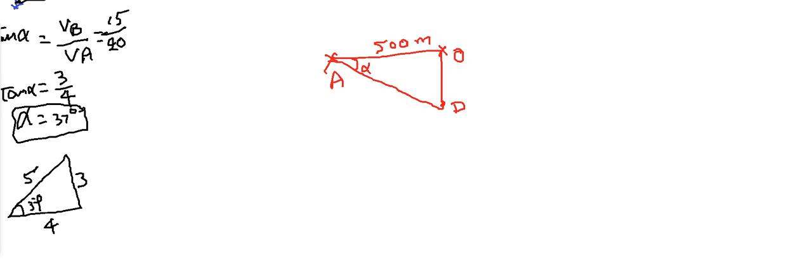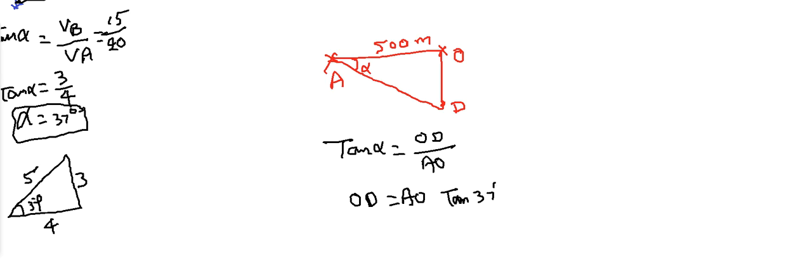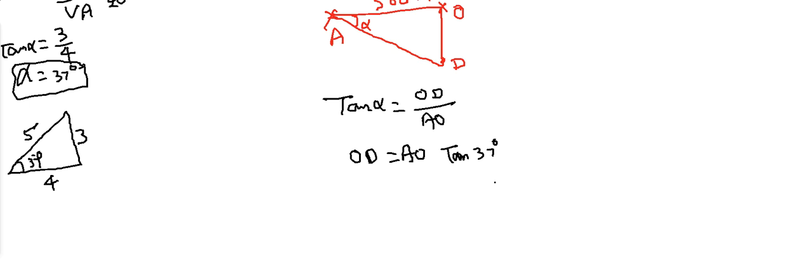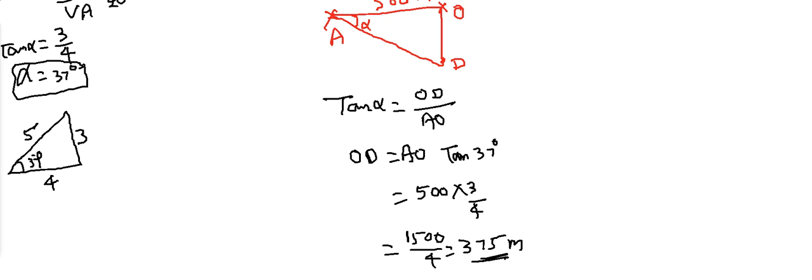So let us take simple tan alpha. Tan alpha is equal to opposite side by adjacent side. Therefore, OD is equal to AO into tan 37. AO already known, this is given as 500 meter. So 500 tan 37, 3 by 4. That means 1500 divided by 4, which is nothing but 375 meters.